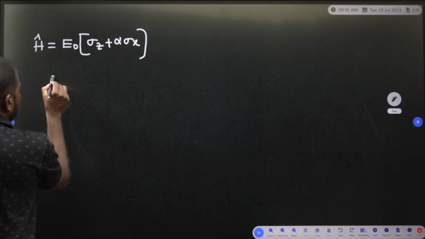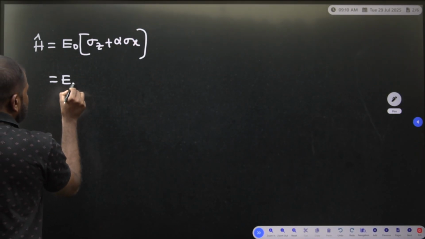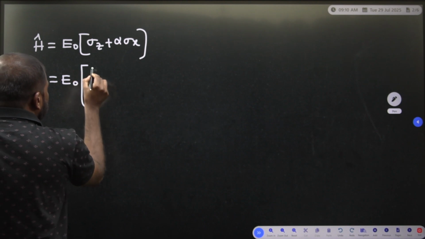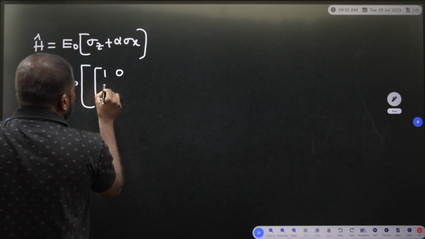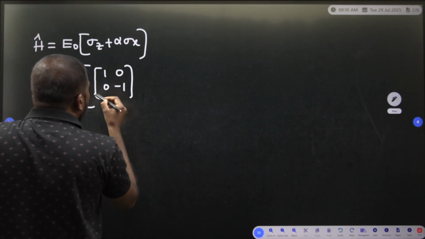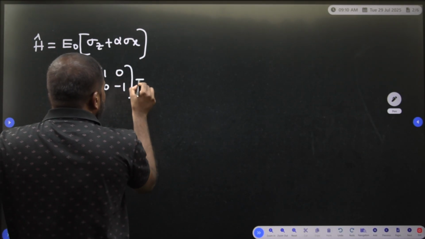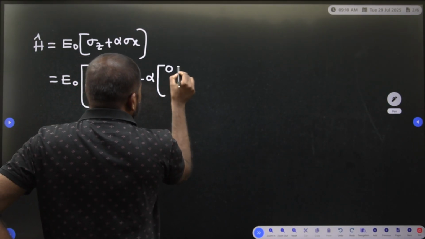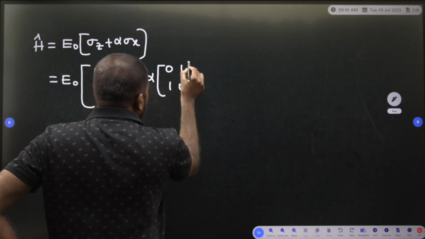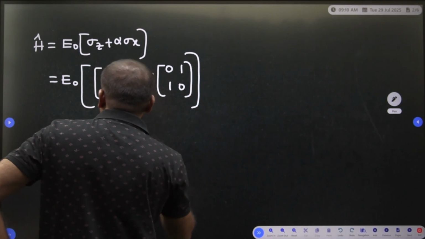Substituting, sigma z is 1 0 0 minus 1, the Pauli sigma z matrix, and alpha times sigma x is 0 1 1 0, the sigma x matrix.